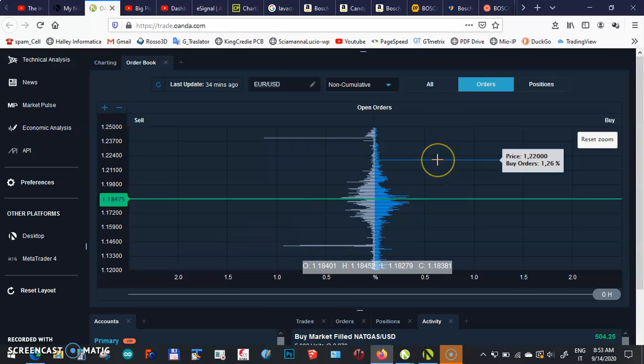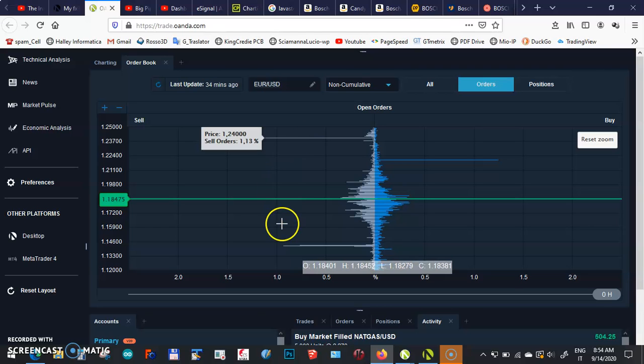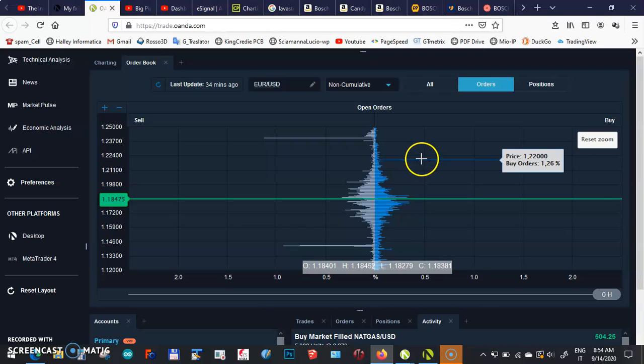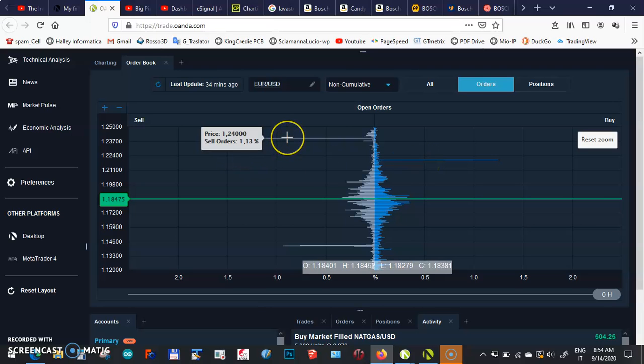There is a big buy in the area of 1.22, 1.26% of the buy orders, and there is a big sell too in the area of 1.24, and therefore I think the market will try to go higher to take at least this price, and I don't know if it will go up to this price, but it could be.